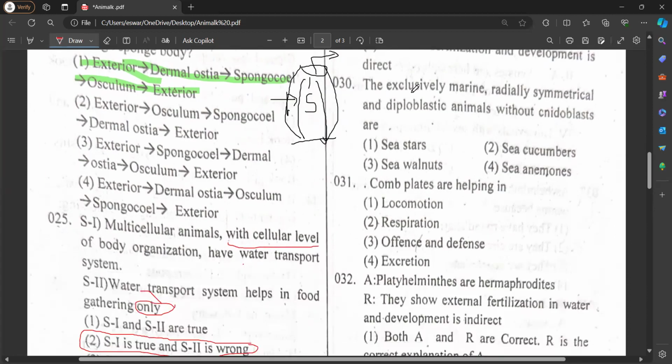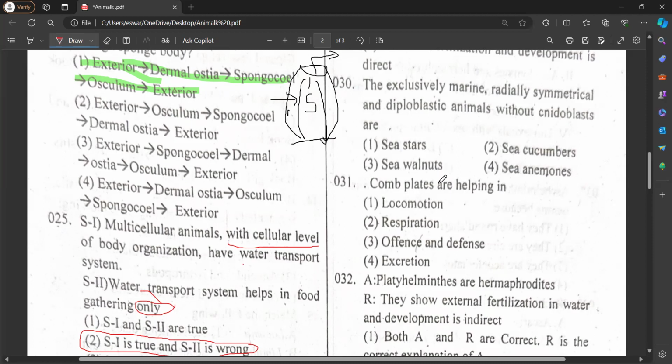Next. Exclusively marine, radially symmetrical, diploblastic animals without cnidoblast are: sea stars, Asterias, phylum Echinodermata; sea cucumber, Cucumaria, phylum Echinodermata; sea walnuts.